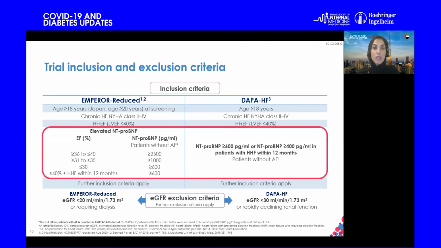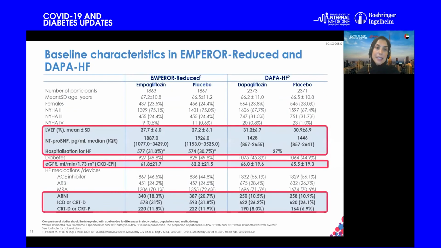If we look in depth into the patients, we can see that the patients studied in the empagliflozin study were sicker compared to that in DAPA heart failure, and this has been translated in the elevated NT-proBNP. The eGFR at baseline as the cutoff point in the EMPA-reduced was 20 milliliter per minute.